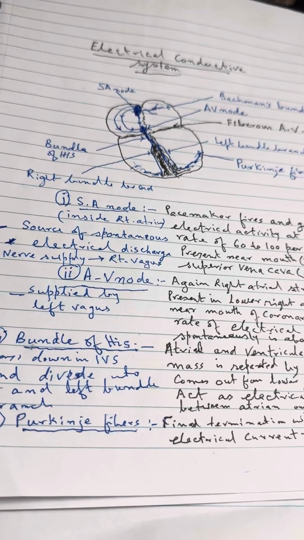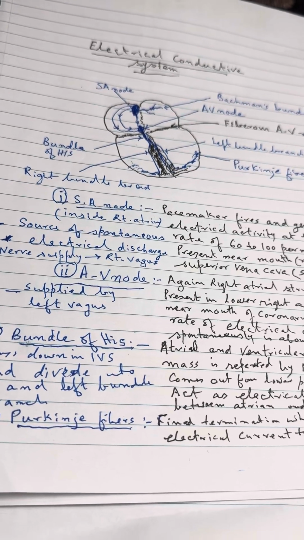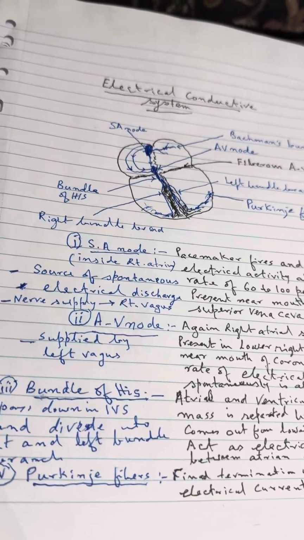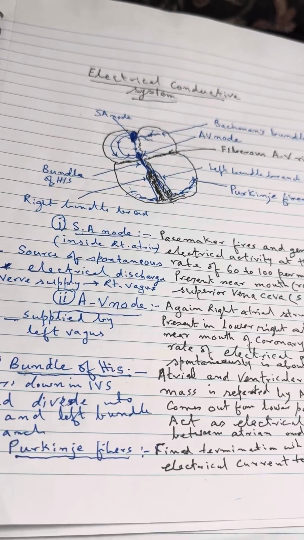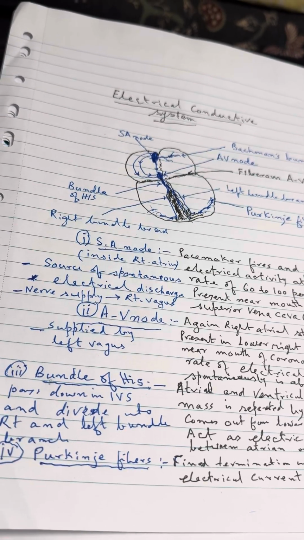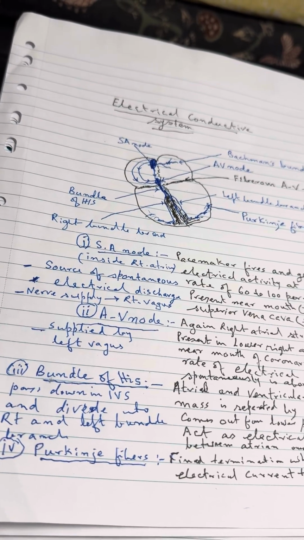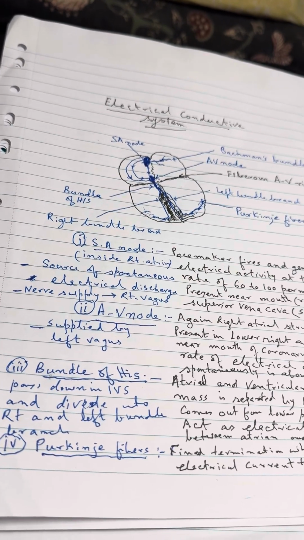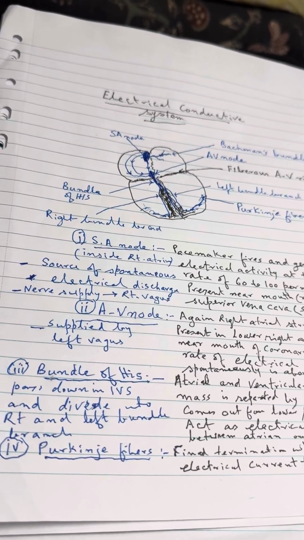That is why in some normal cases it can be blocked, and in ECG it may show right bundle branch block.